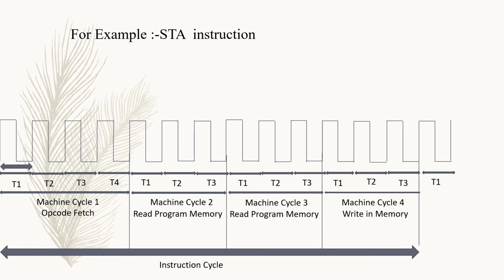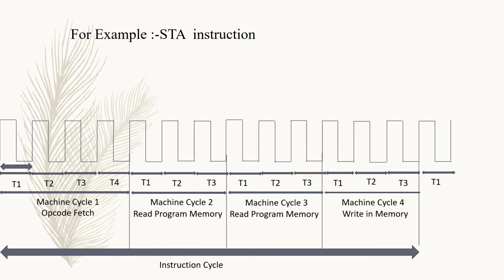We have learned in the pin configuration of the oscillator that the oscillator input will go to the timing and the control unit, and depending upon the type of operation, the required T-state machine cycle will be provided by the timing and the control unit to the processor, and then the processor will perform its operation in microseconds.